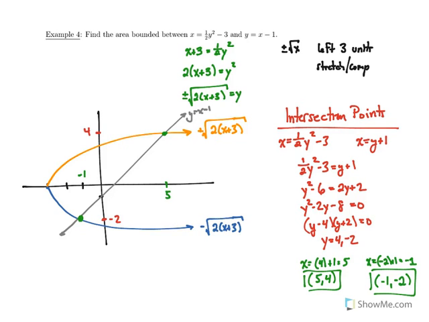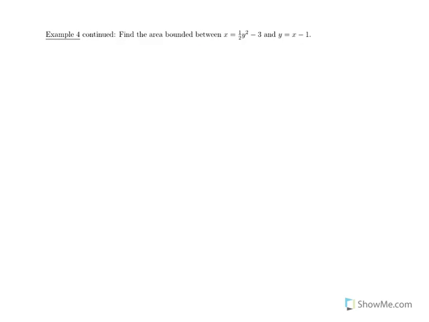So I'm going to redraw this very quickly. So we had our square root of x.